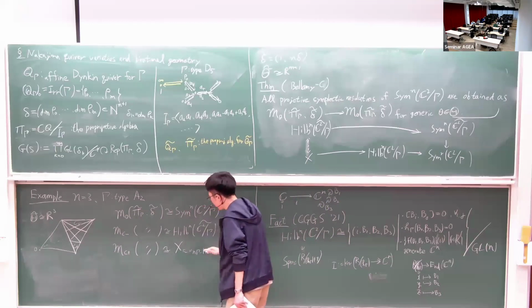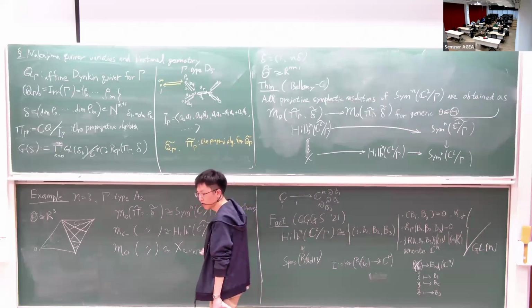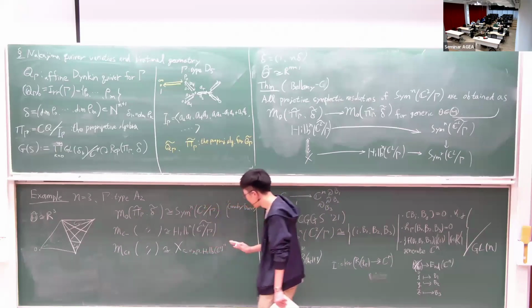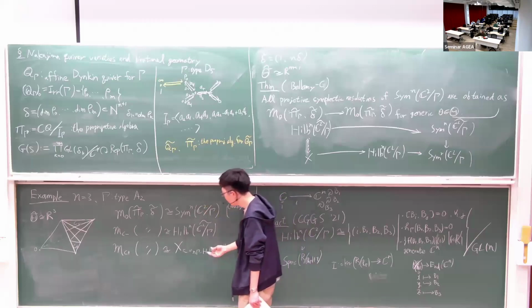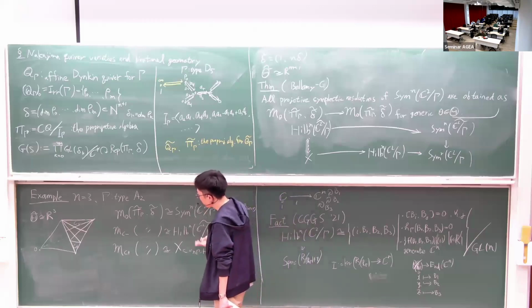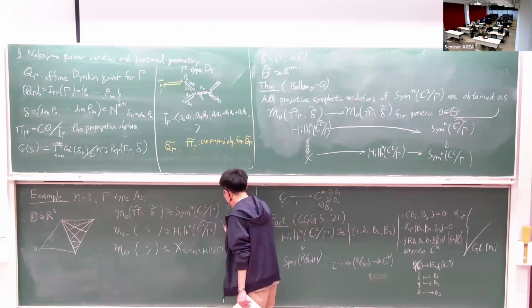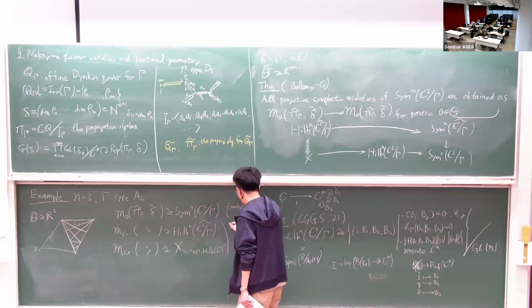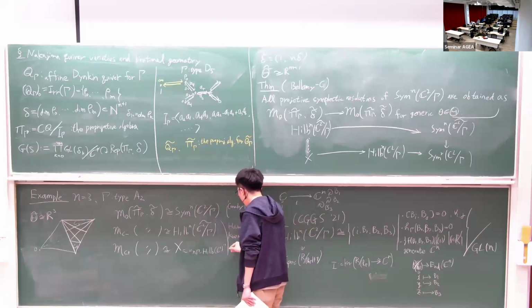So this is also a kind of Hilbert scheme, but I won't explain the detail. But this has some interpretation as a kind of Hilbert scheme. So these varieties are studied by Haiman, Kuznetsov, and also Nakajima.